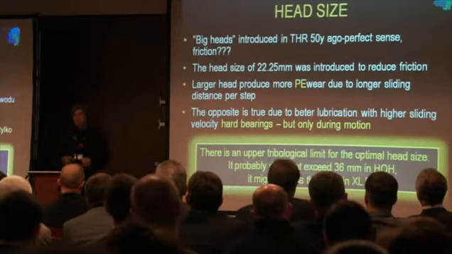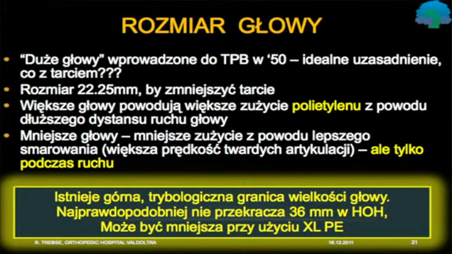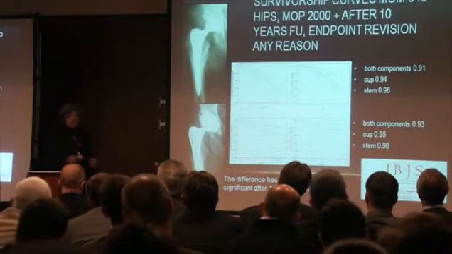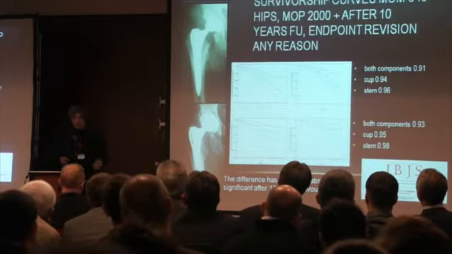And actually there is probably an upper tribological limit of the head size, which is probably not more than 36 in hard-on-hard bearing, and probably even less than that in metal or ceramic on polyethylene, even though we like big heads because of other issues. Actually, in metal on metal, the tribology is very good.